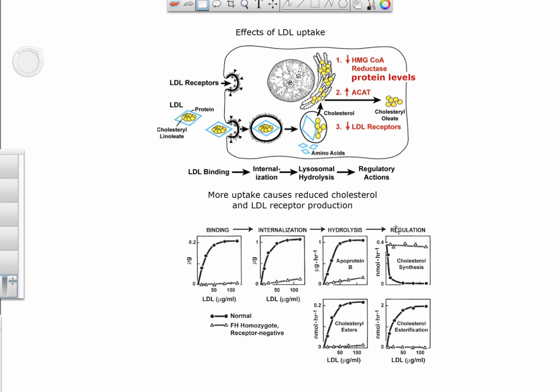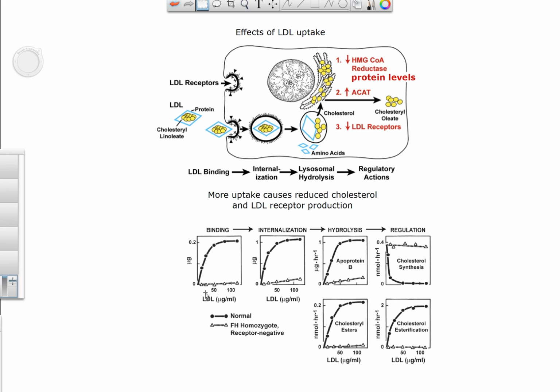And then they measured what that did to the rate of cholesterol synthesis, but also what that did to the rate of LDL receptor number on the surface of these liver cells.